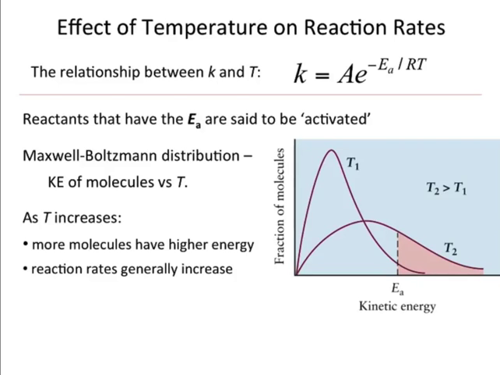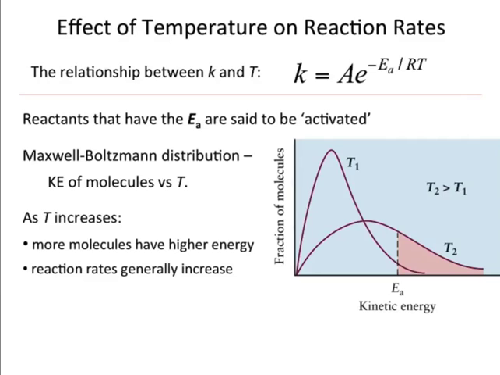Now looking at temperature, this is a blast from the past, from the first semester of chemistry: the Maxwell-Boltzmann distribution. It tells you, at least in the gas phase, how the kinetic energy of molecules varies with temperature. On this little plot on the right, the x-axis is kinetic energy, and the y-axis is how many molecules have that particular energy. This distribution is both narrower and lower in energy on average at a lower temperature, T1, say.